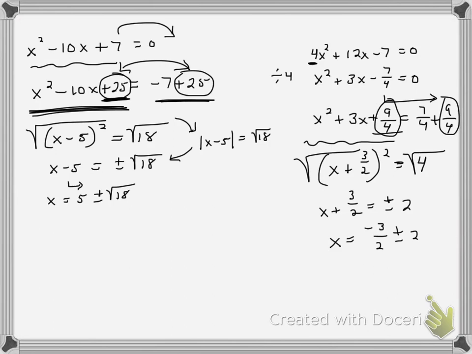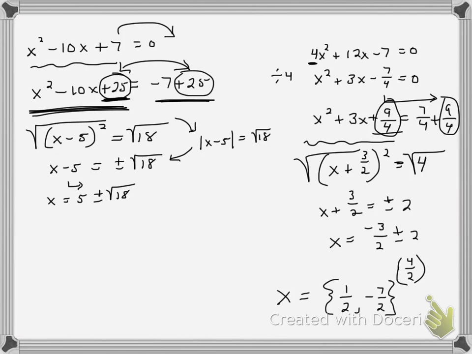Sorry, I'm trying to pull my board up there. -3/2 plus 2. 2 is the same as 4/2. So I'm going to think of it that way. -3/2 plus 4/2 is +1/2. And -3/2 minus 4/2 is -7/2. So this would be a perfectly good answer.